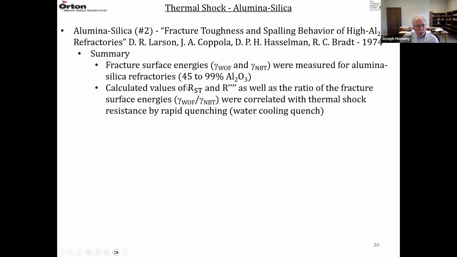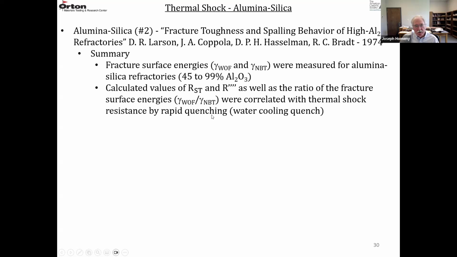They calculated values of RST and R4 prime, and they also looked at the ratio of the fracture surface energies, gamma WF to gamma MBT. Gamma WF is for crack propagation, gamma MBT is for crack initiation. And they correlated RST, R4 prime, and this ratio to the thermal shock resistance.